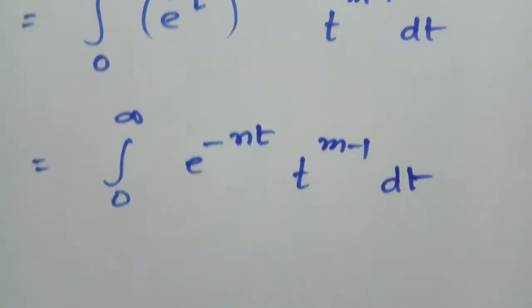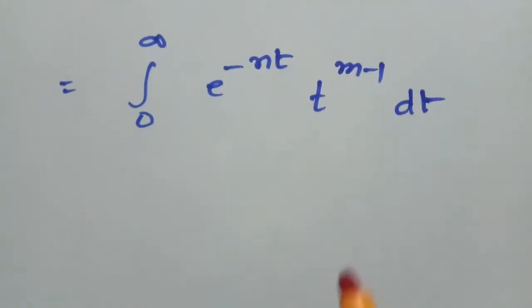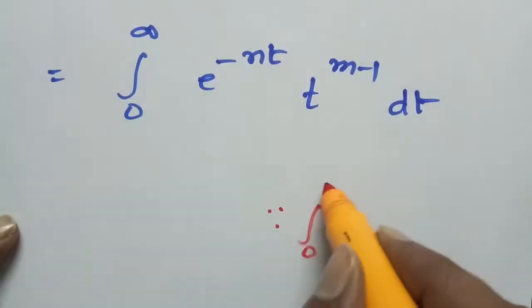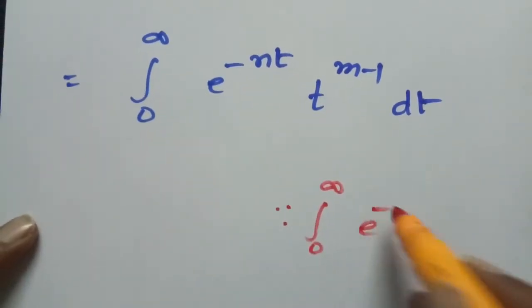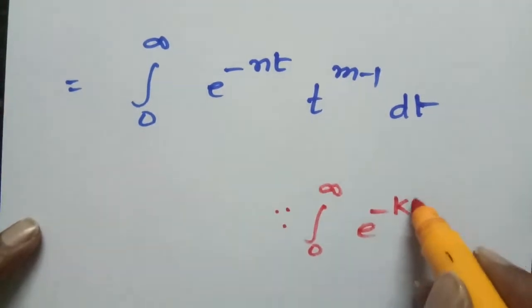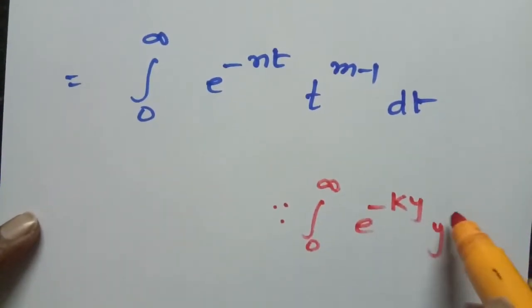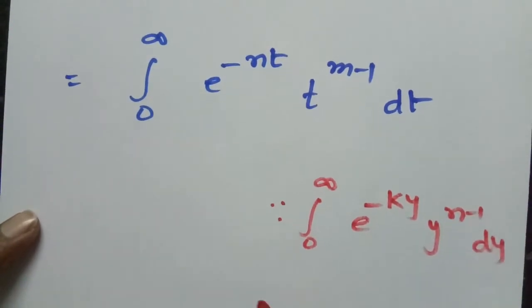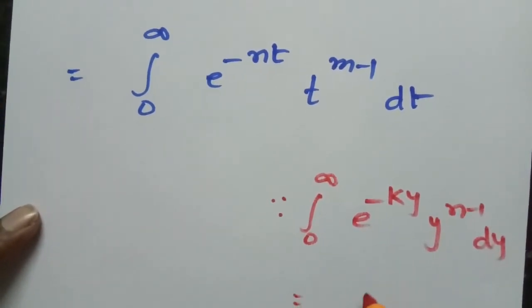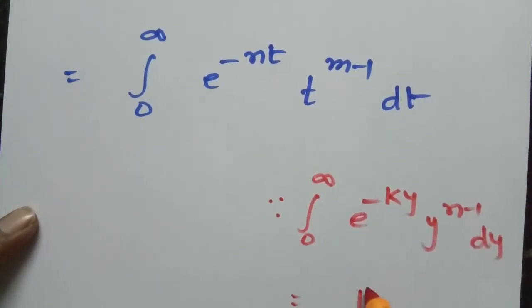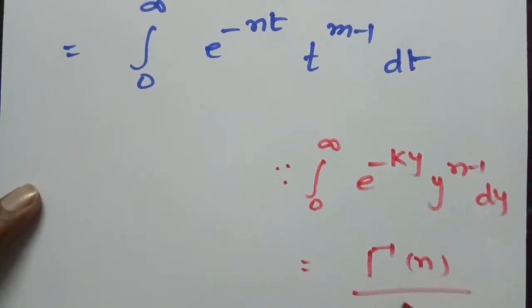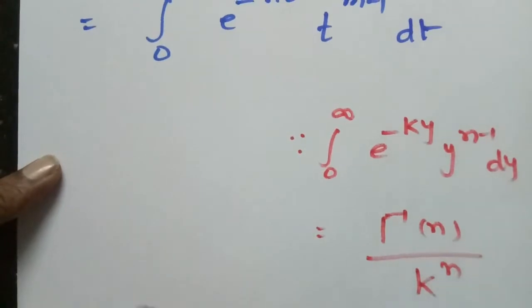Therefore, we know that the integral from 0 to infinity of e to the power of minus k y into y power n minus 1 dy is equal to gamma n by k power n.